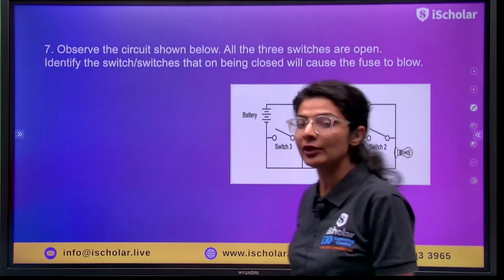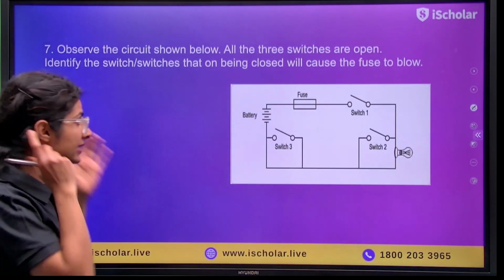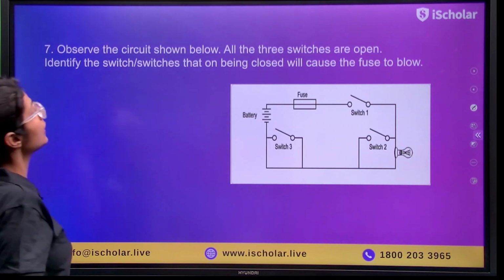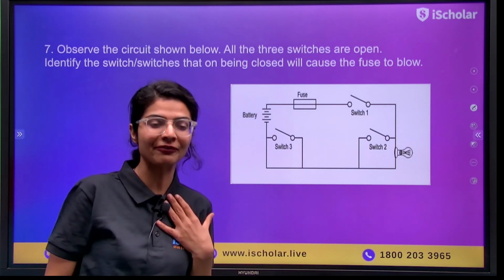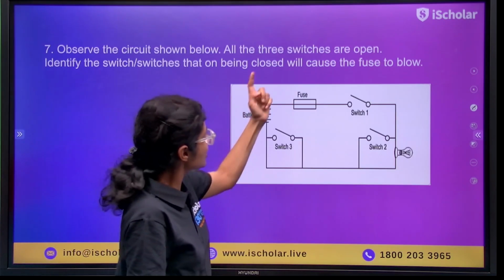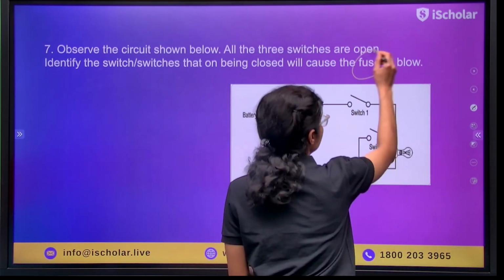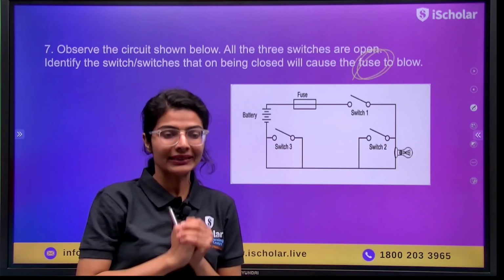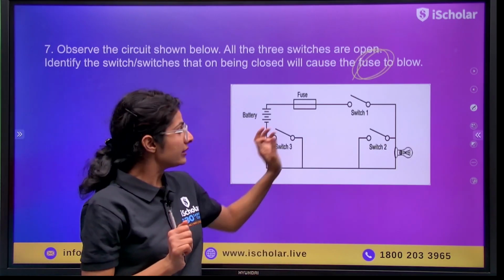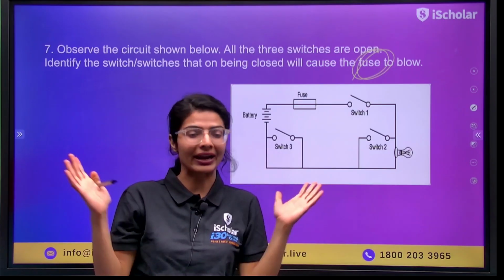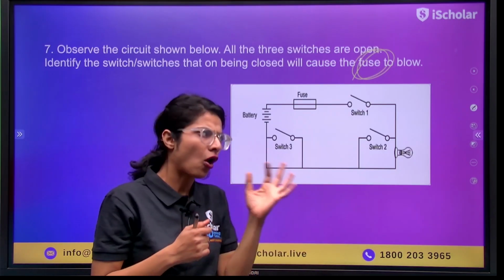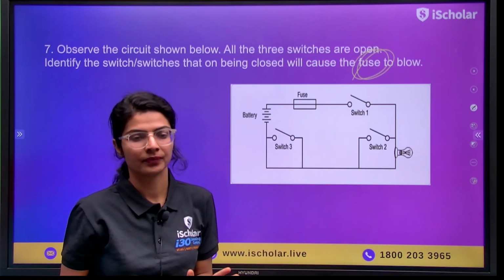Okay. So coming to the next question, it is given: identify the switch that, on being closed, will cause the fuse to blow. So what is happening for this fuse to blow? One thing which you should know is, this fuse blows when either there is an immense amount of current in the circuit, or the system has been short circuited.